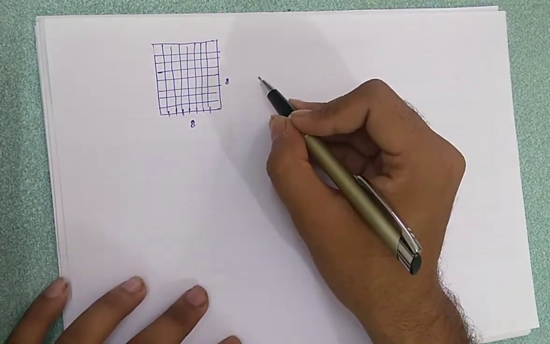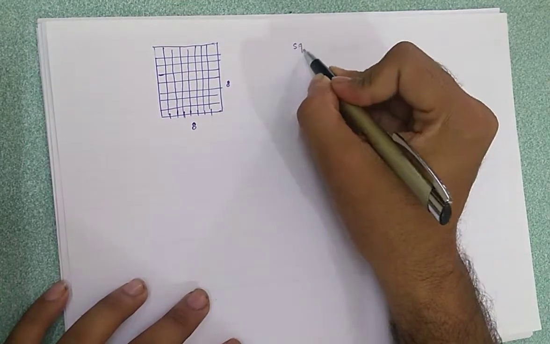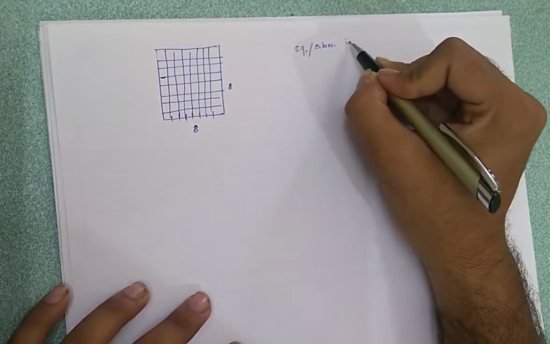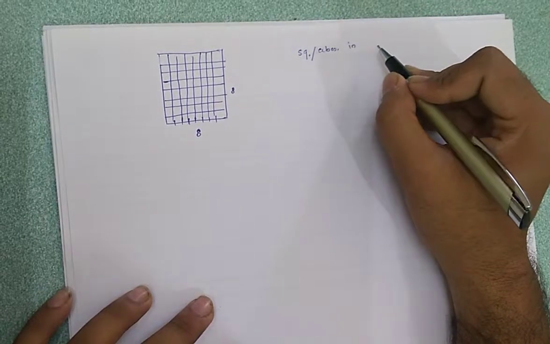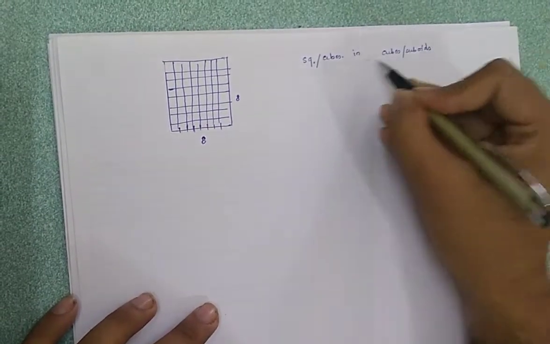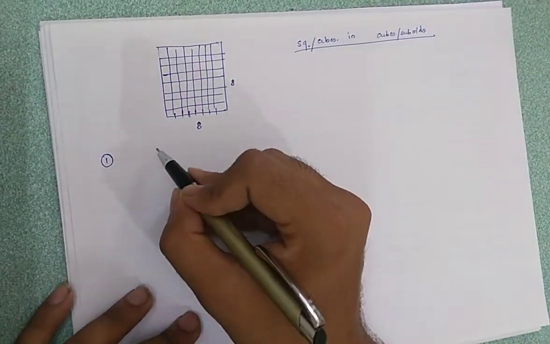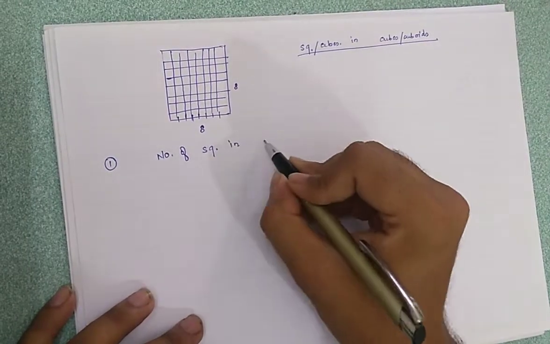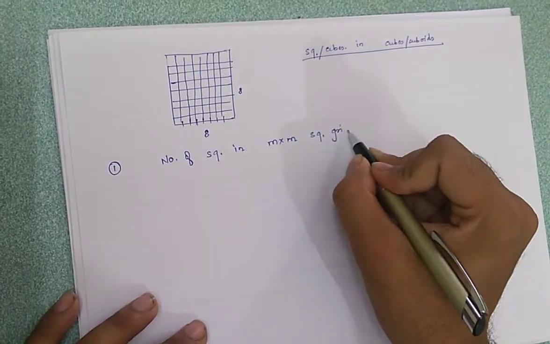In this tutorial we will be learning about all the different methods to find squares and cubes in different grids, different cubes and cuboids. First, the number of squares in an m into m square grid.